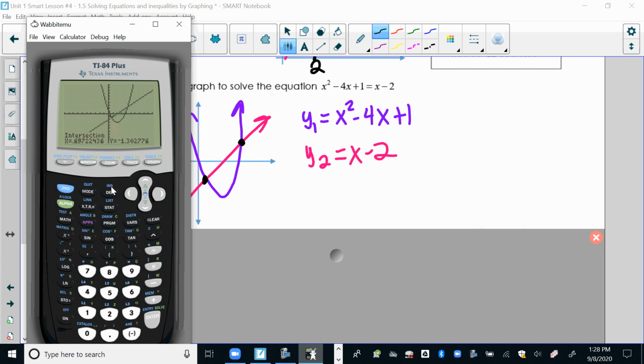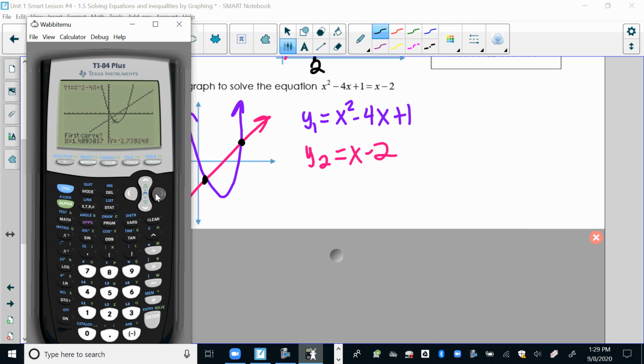There's that first intersection at -0.697. Let's go 3 decimal places, comma -1.303. To get to my other intersection point, second, trace to get to that calculate menu, option 5 for intersection.